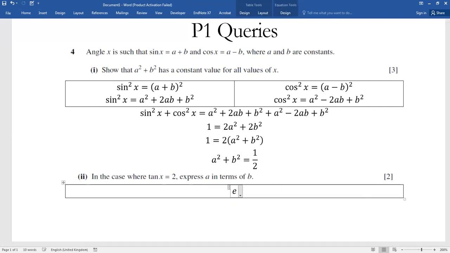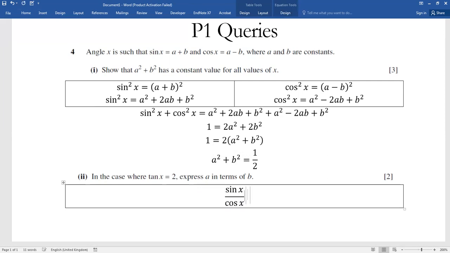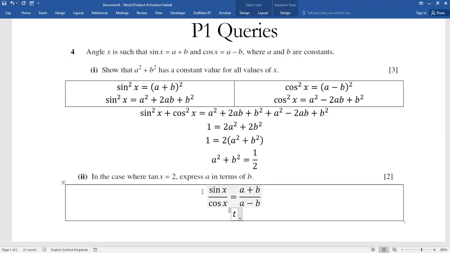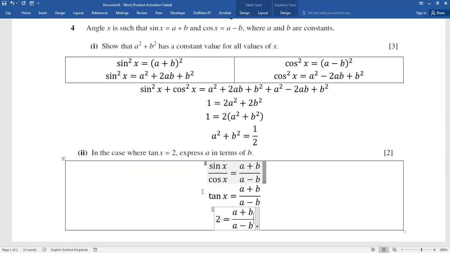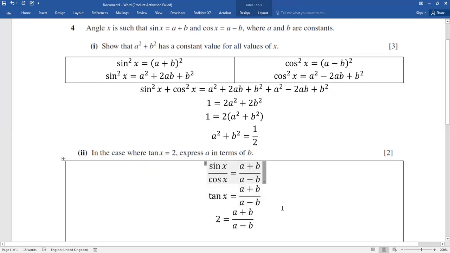So I'll get sine x upon cos x is equal to a plus b upon a minus b. Is this right? I'll get this as tan x, which is a plus b over a minus b, and this is 2. So a plus b upon a minus b equals 2. Convert this into the form where a is in terms of b.